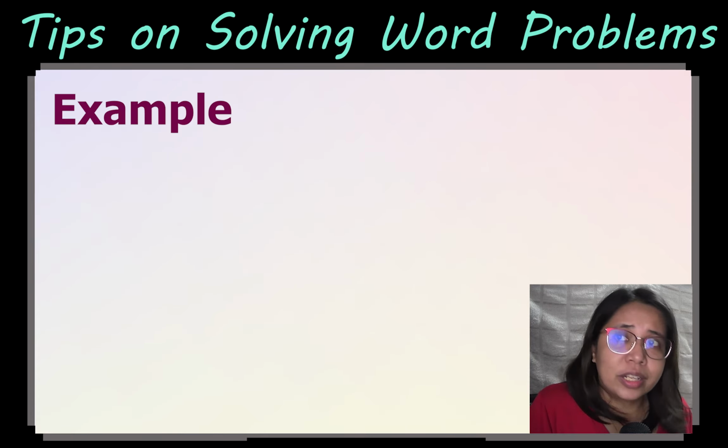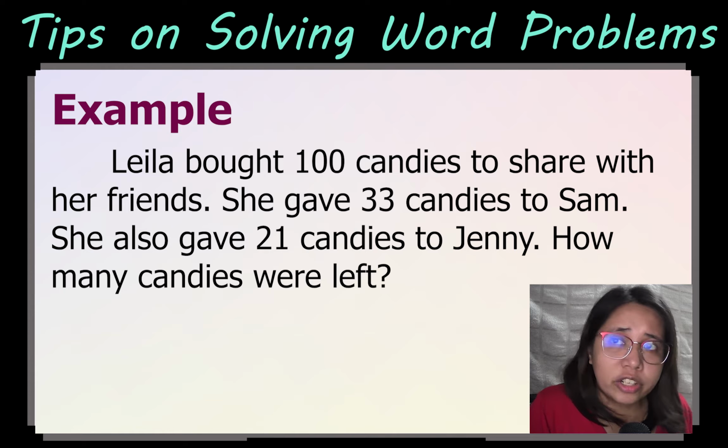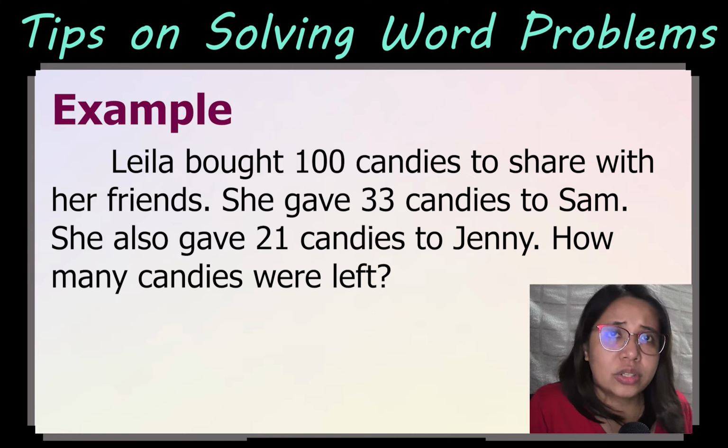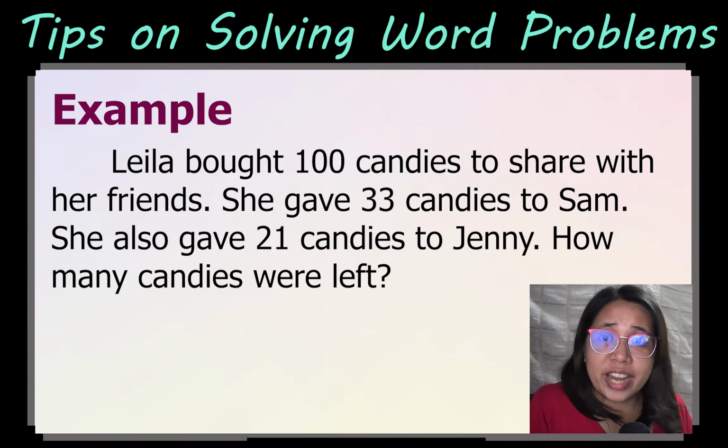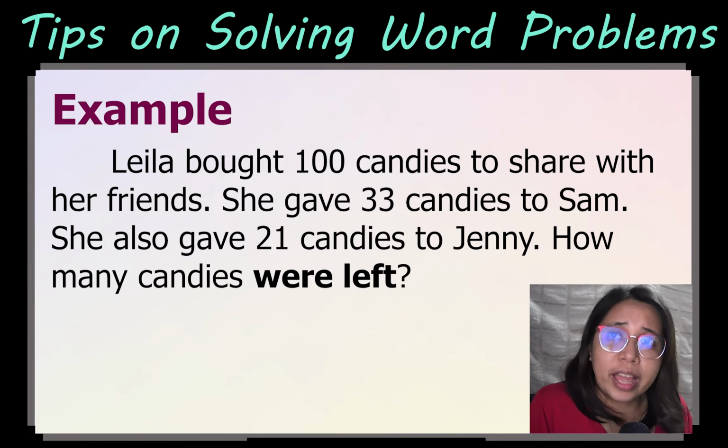Next example. Layla bought 100 candies to share with her friends. She gave 33 candies to Sam. She also gave 21 candies to Jenny. How many candies were left? So, dito naman ang keyword natin ay ang phrase na we're left. At pag binasa at inintindi natin yung problem, ang hinahanap ay yung natirang candy kay Layla.